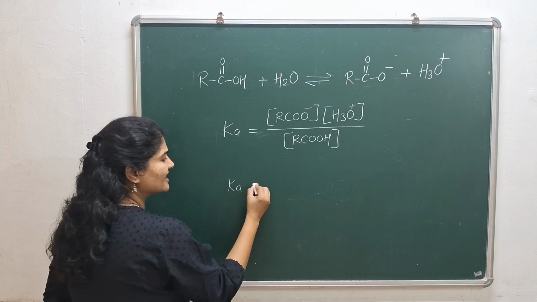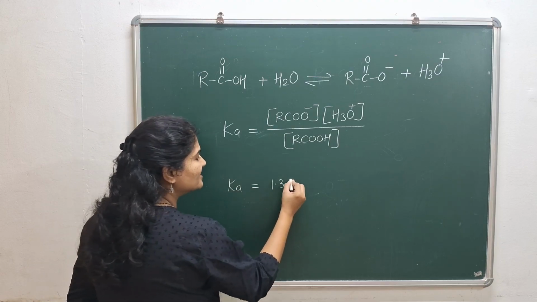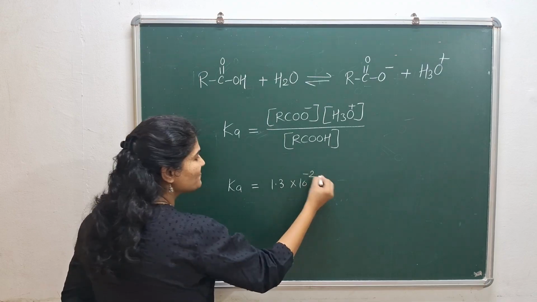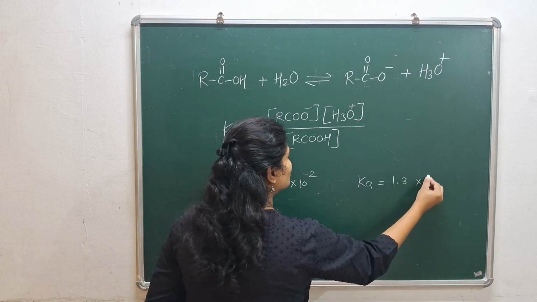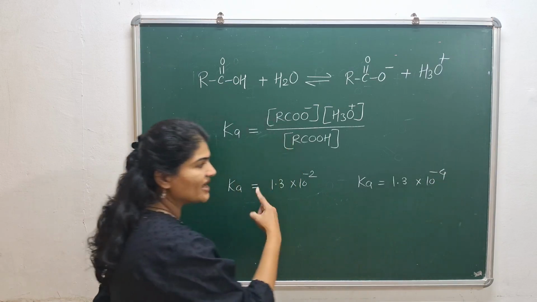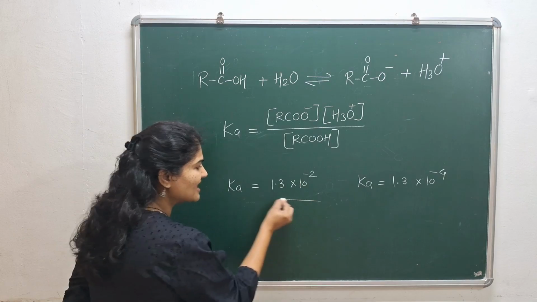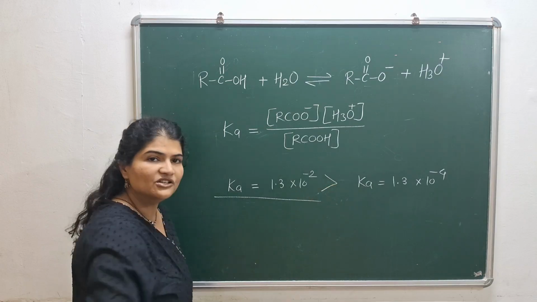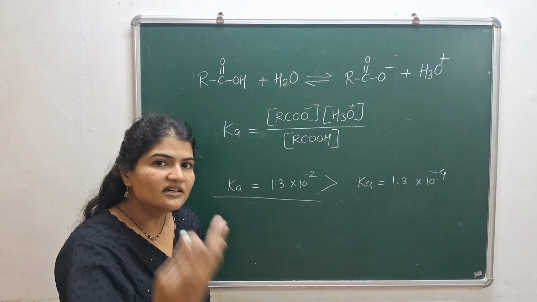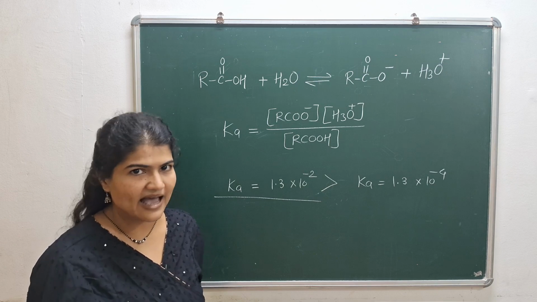The first with a Ka of, say, 1.3 times 10 raised to minus 2, and the second with a Ka of 1.3 times 10 raised to minus 4. As you can clearly see, this one has a higher Ka than that acid, so this acid is going to be stronger. So, the higher the Ka, the stronger the acid.